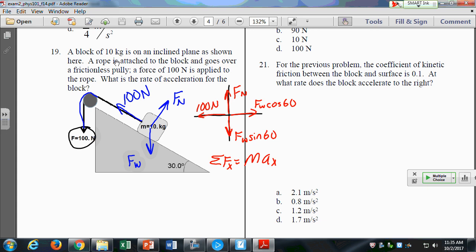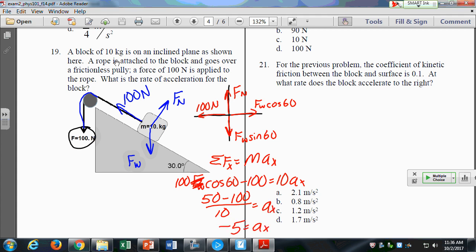The sum of the forces then are going to be Fw cosine 60 minus 100 equals the mass, which is 10, times ax. Fw, by the way, is 100, so I'll just put that in. This is 50 minus 100 divided by 10 equals ax. And so we find that that's equal to negative 5 equals ax.